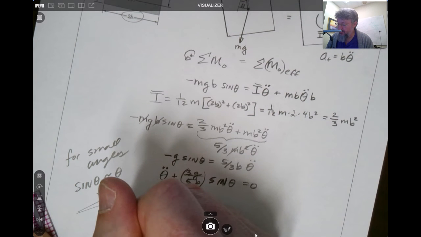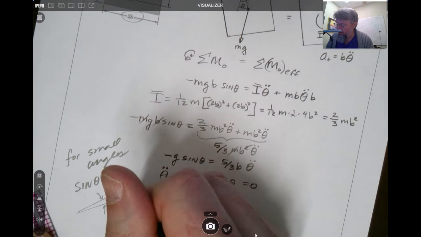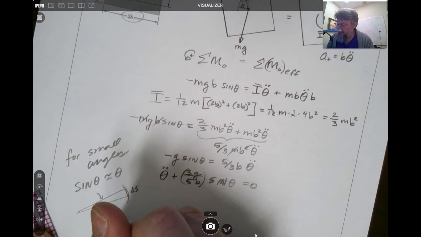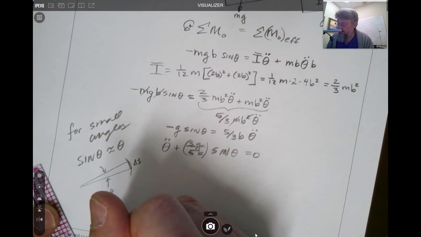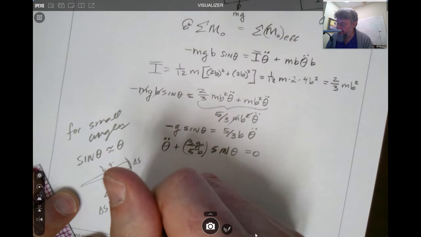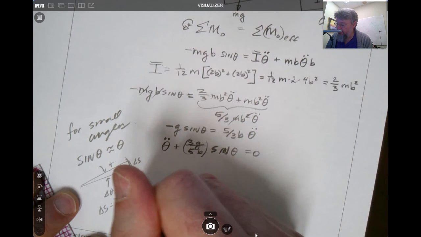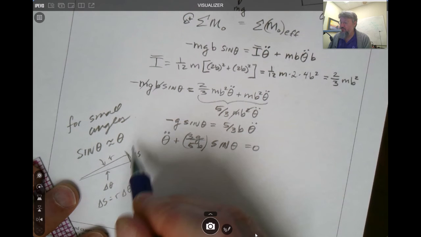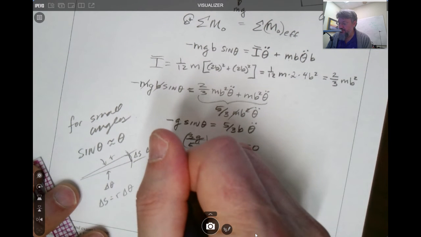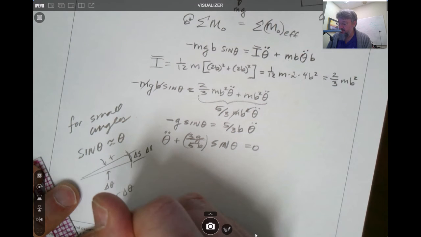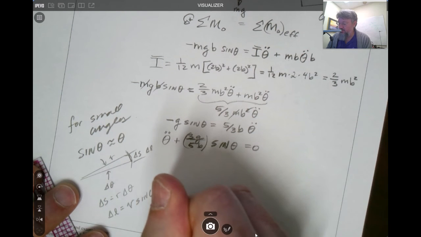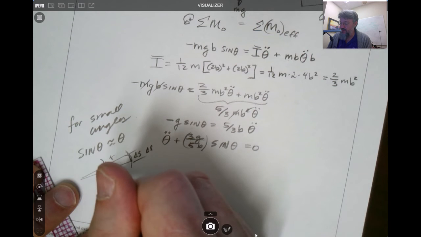Because we would have this arc length, this delta s, there's a delta theta. Delta s is equal to the radius times a delta theta. But we would also see that length right here. Let's call this length delta L. That delta L would be equal to r times sine of theta, if this is theta.